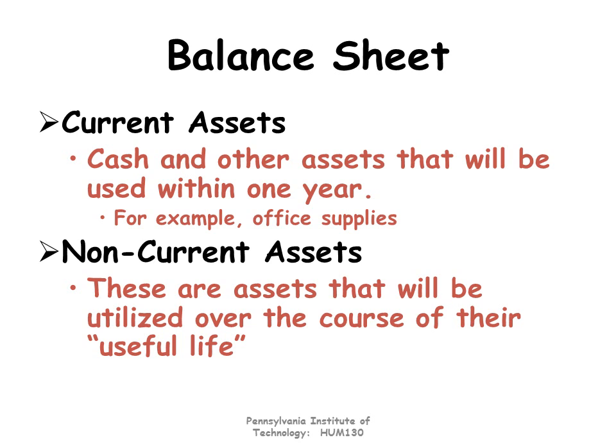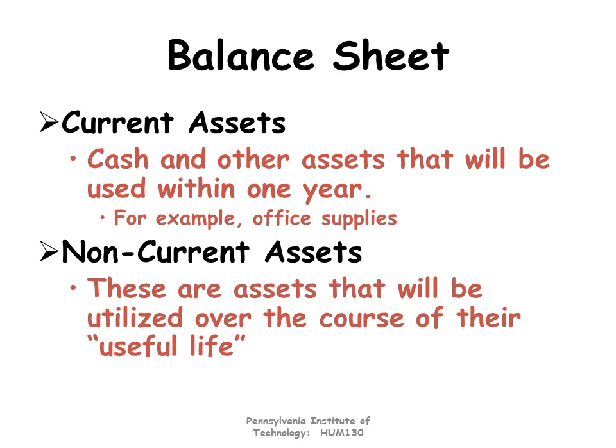Then you have things like office supplies. The office manager goes out and buys all the paper and pens and tape and staplers. Over the course of that year, as they get used up, that asset account is going to become smaller because there's going to be less and less of that asset. That's why companies do inventory, because they need to be able to value what they currently have on hand, because that is technically an asset for them.